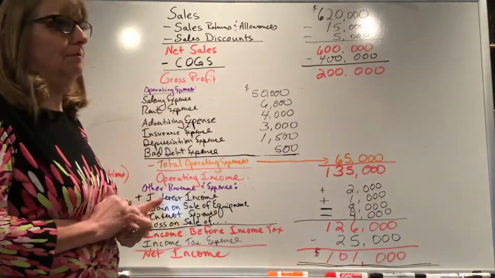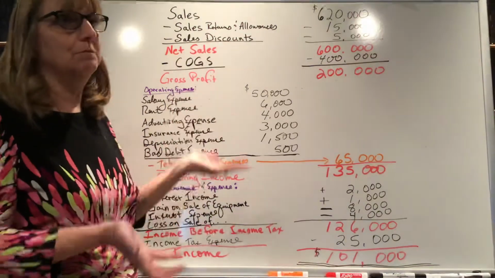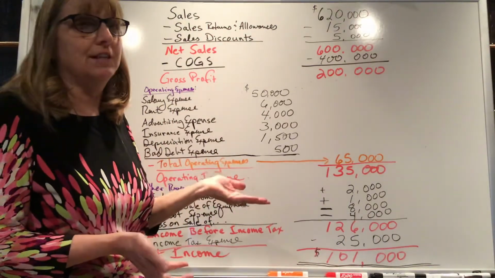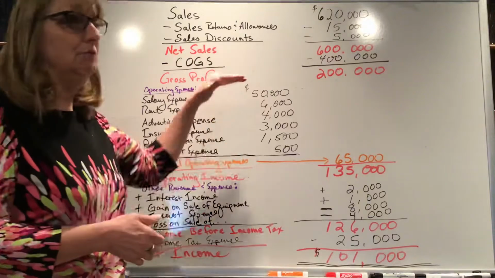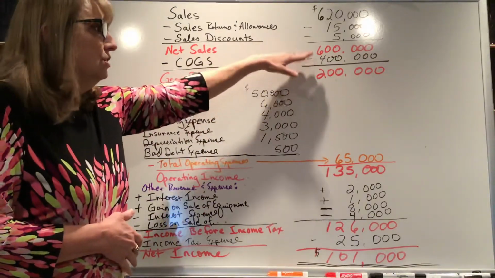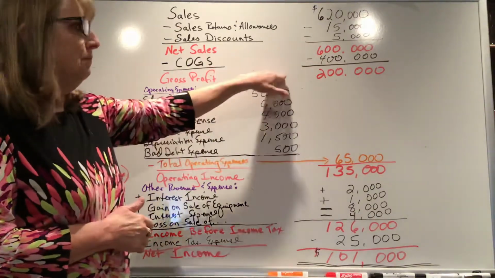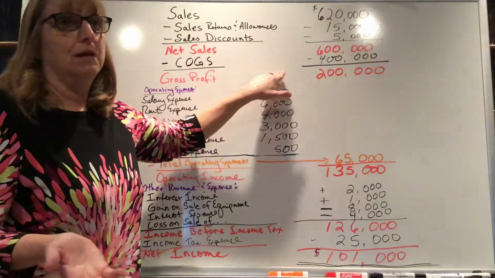Gross profit. Because if their costs to Nike get high, this is going to go down. If they have to reduce their sales price, put everything on sale, this is going to go down. They really want to maintain the relationship between their cost of goods sold and their sales, which is their gross profit. This is a key number, so we want to give that subtotal. That's why we do this subtotal.